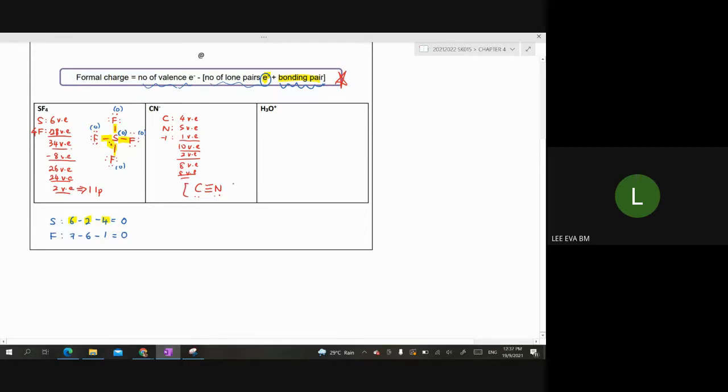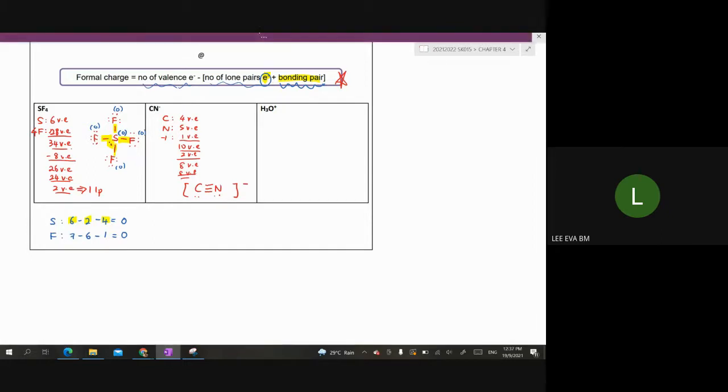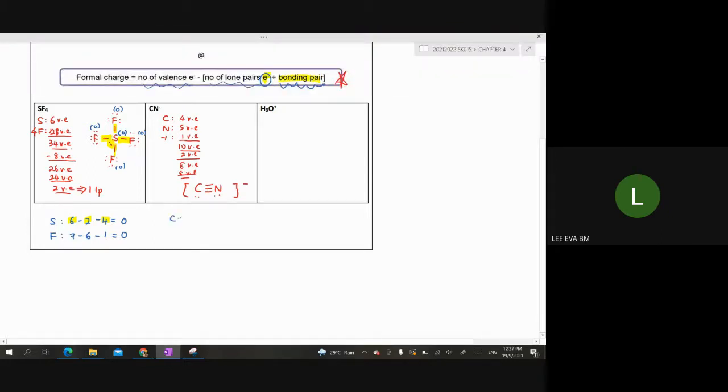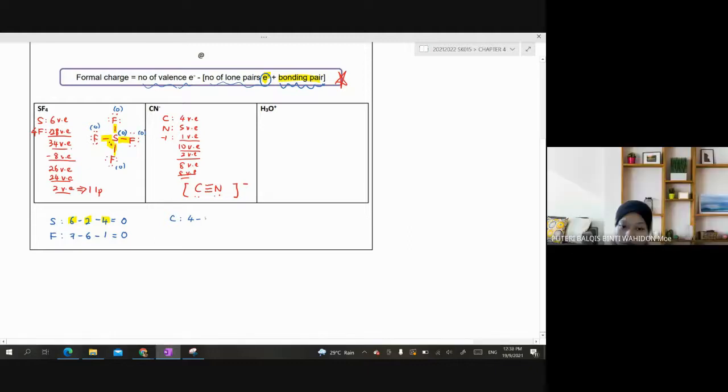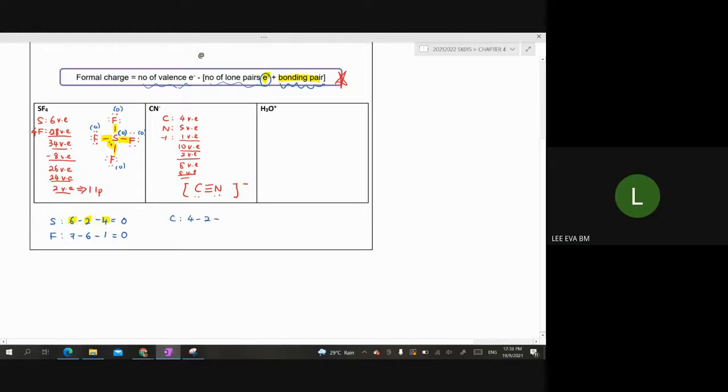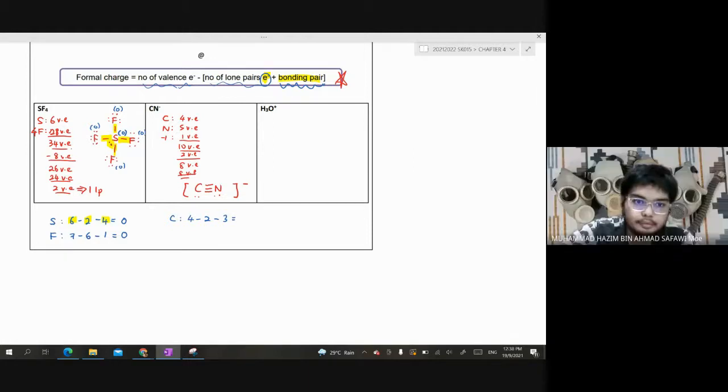Don't forget the overall charge is negative. Now calculate for carbon. What is the formal charge for carbon? Valence electrons of carbon? 4. How many lone pair electrons? How many dots on carbon? 2. How many lines on carbon? 3. So what is the value? 4 minus 5, negative 1.